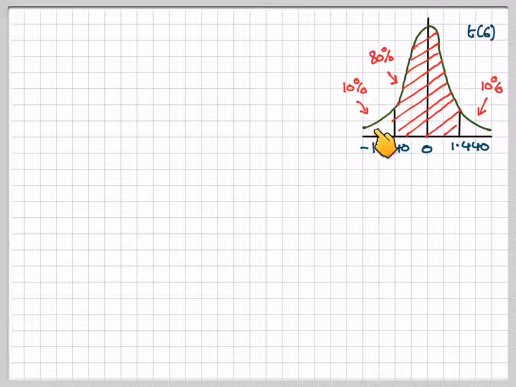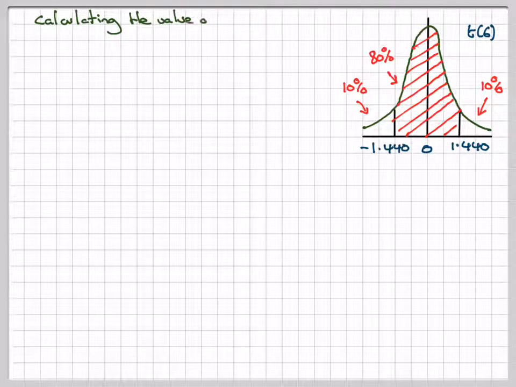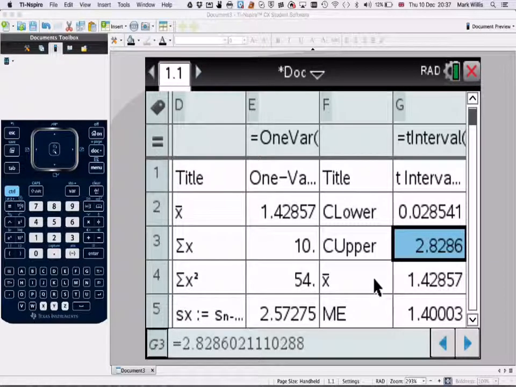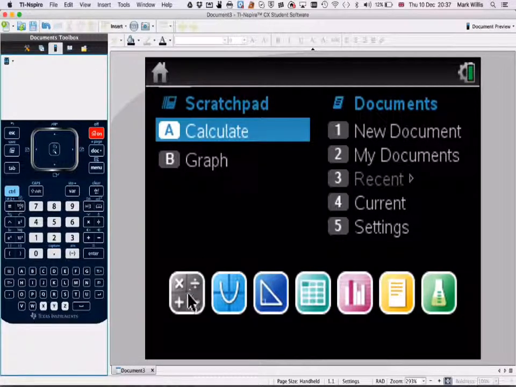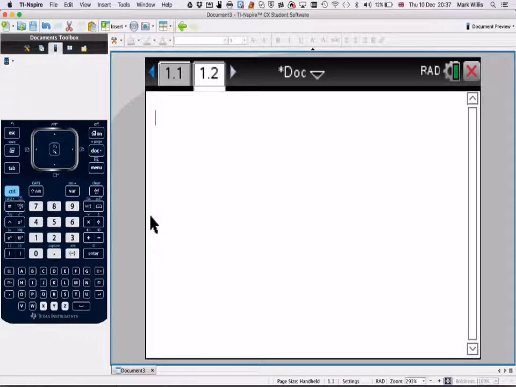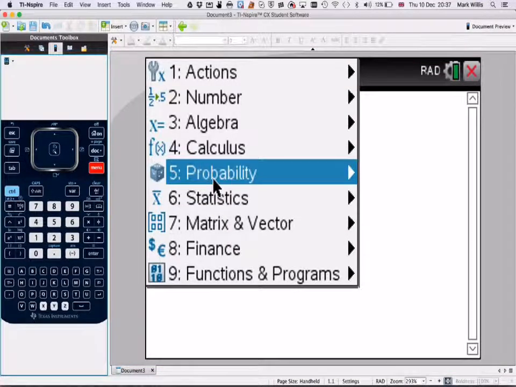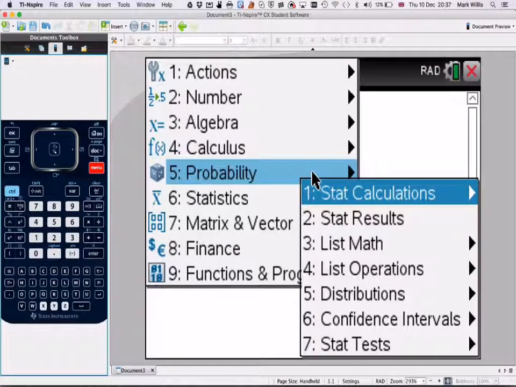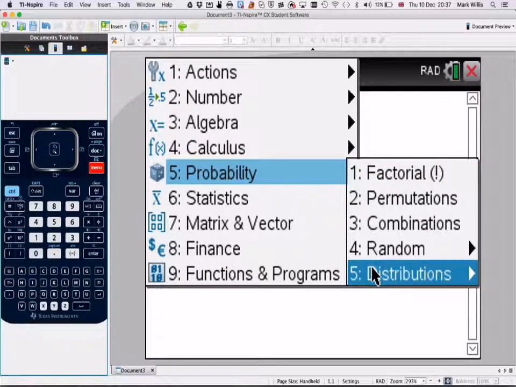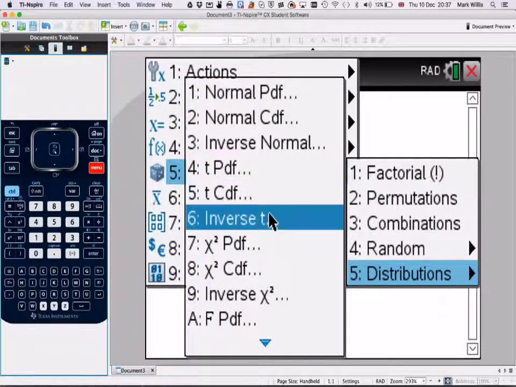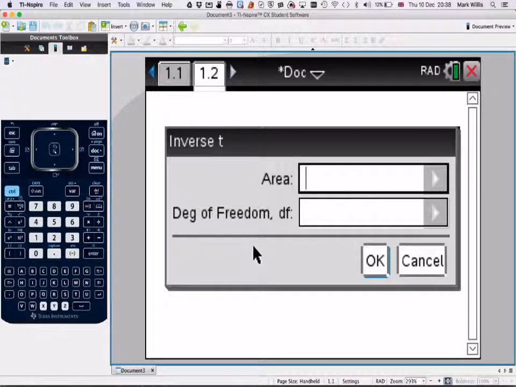Okay, we want an area of 90%, so using the GDC, and the degrees of freedom is 6. So going to my GDC, I'm going to the home key and select a calculation mode, and now go menu, probability, distributions, and want inverse t, and the area was 0.9 and the degrees of freedom was 6.